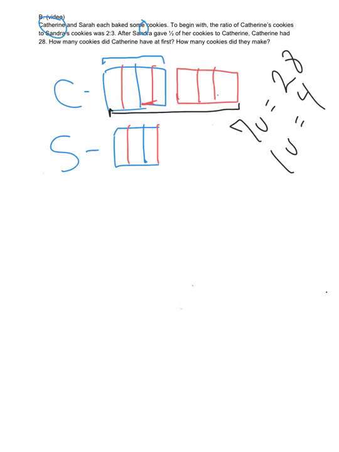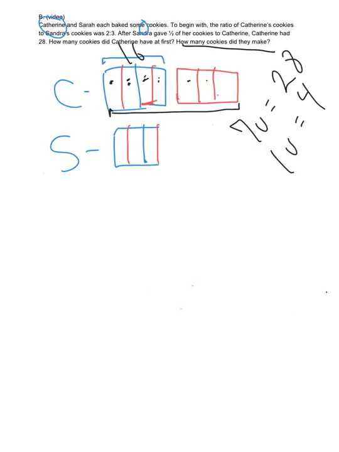If each unit is worth 4, that means that these 4 units here are worth 4. So 4 times 4 means that she started with 16. How many cookies did they make in all? Well, we've got 16 here.